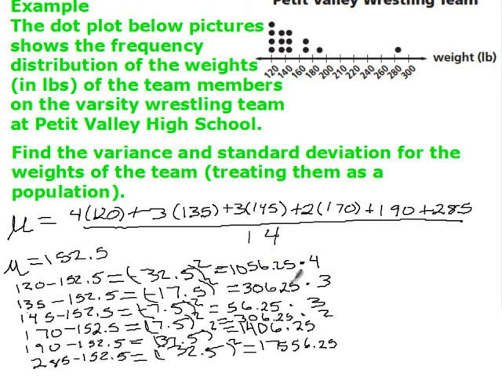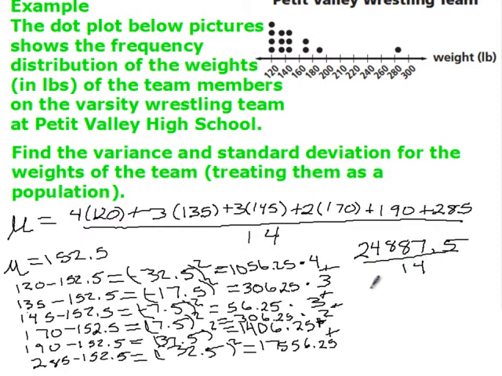Okay, so I'm taking 1056.25 times 4 plus, so I'm putting a little plus in here in between all of these, so that I'm adding up my deviations. Okay, so the sum of my deviations is 24,887.5, and now I need to divide that by my number of data points, which is 14.